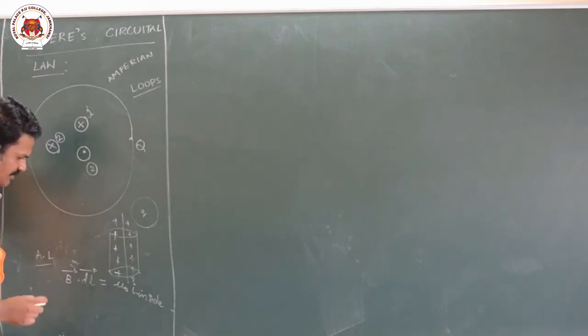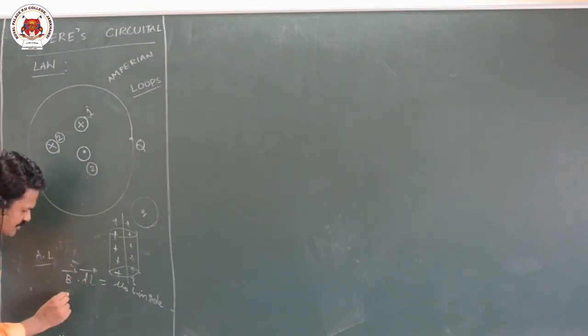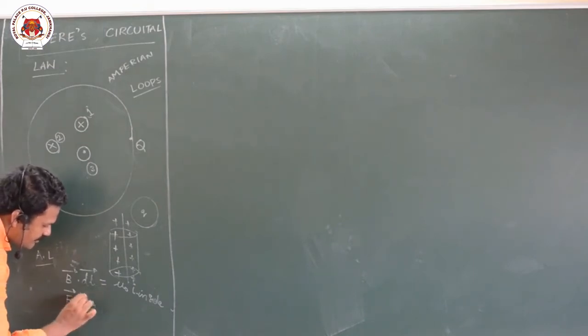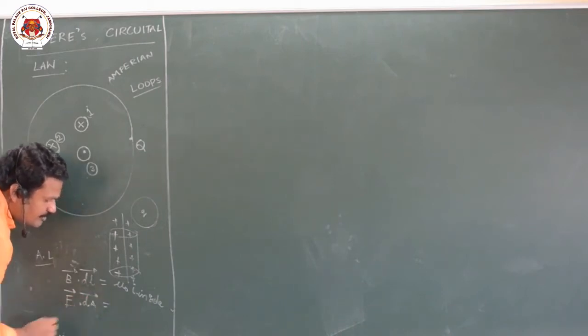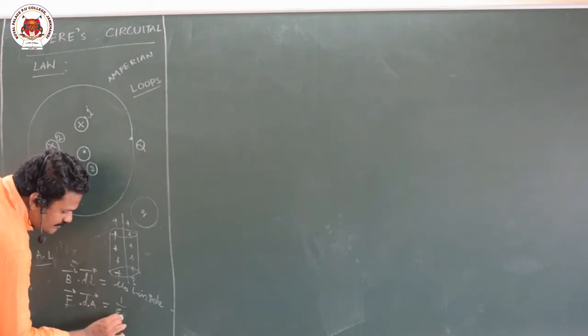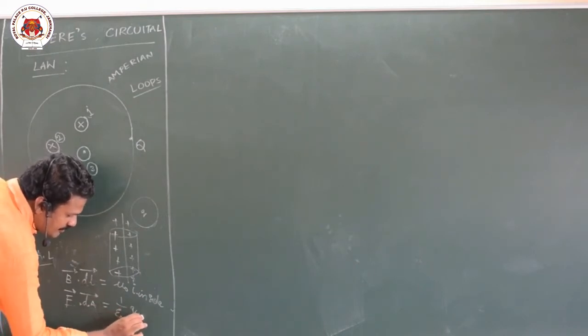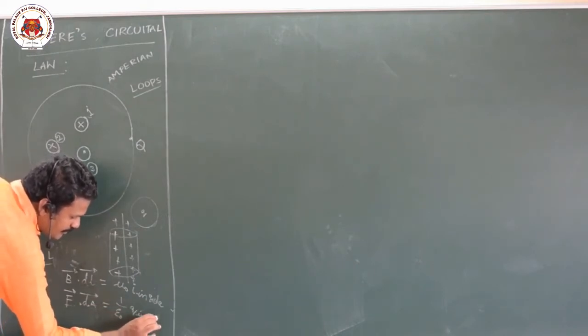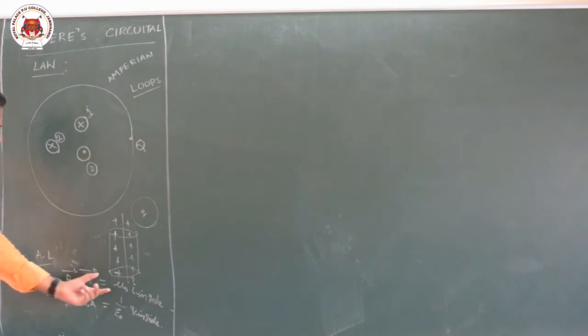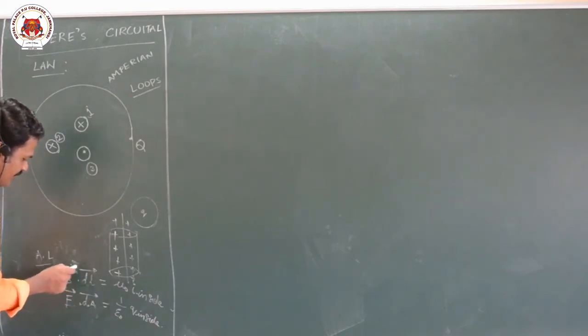Next, go back to your previous chapter and write Gauss's law: the integral of E bar dot dA is equal to 1 by epsilon naught times the charge inside. You can see the difference here. The line integral of B bar dot dl gives mu naught I, and from this you can find B.